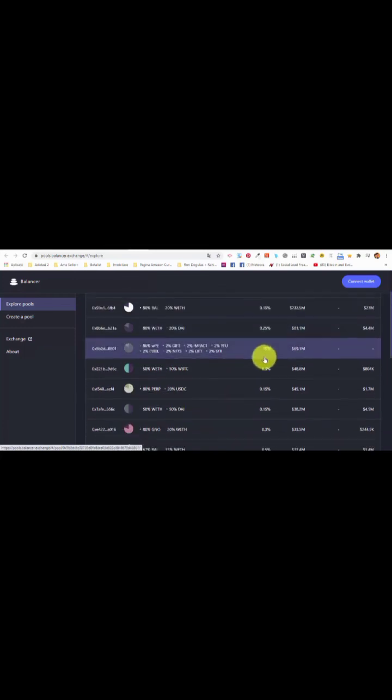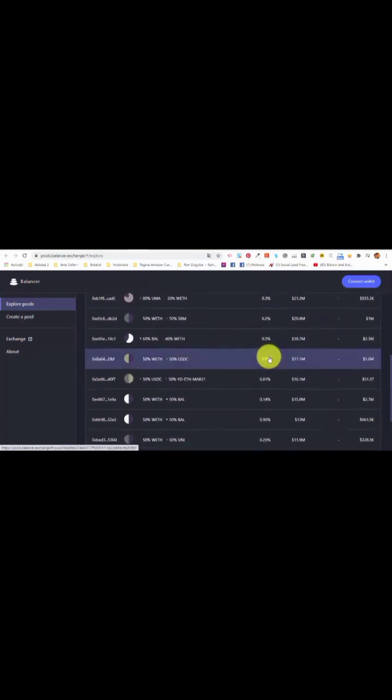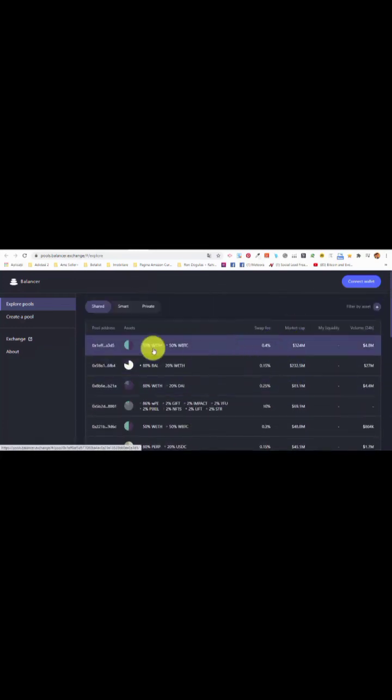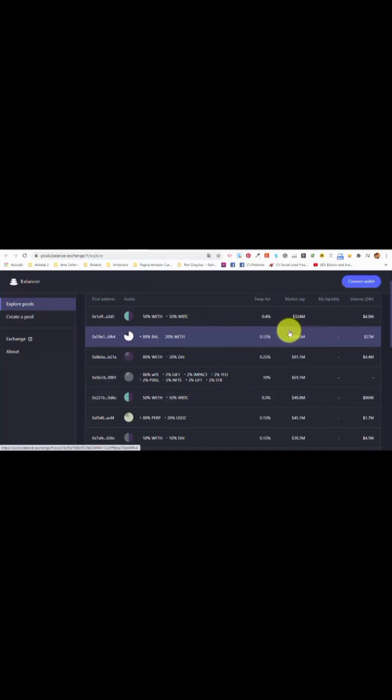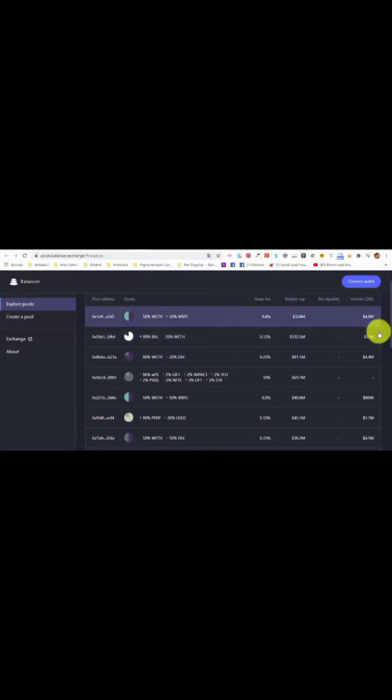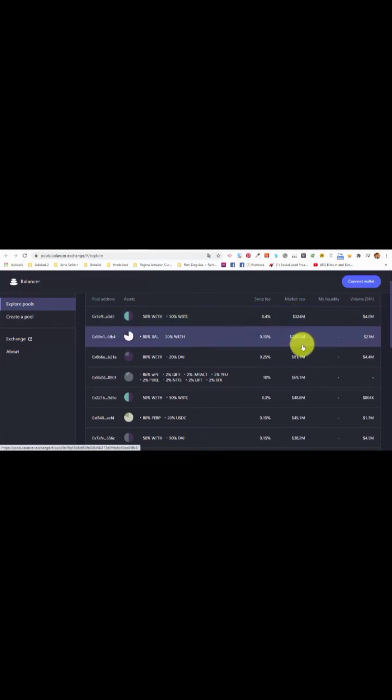And you can check out the fees. You can check out the market cap for each pool, the volume. Obviously, you will want to choose, this is what we think, based on the volume, on the swap fee, the percentage you can earn, the market cap.